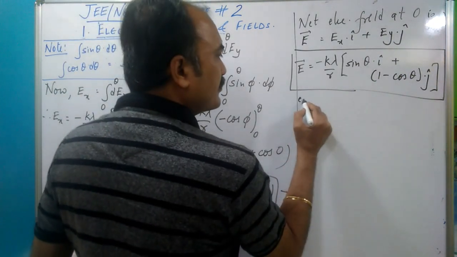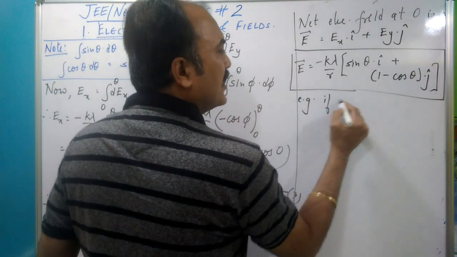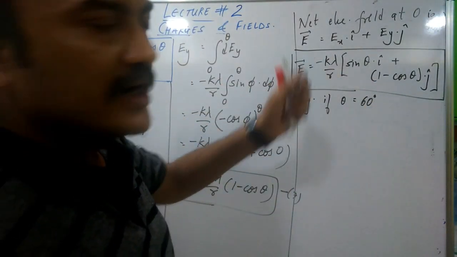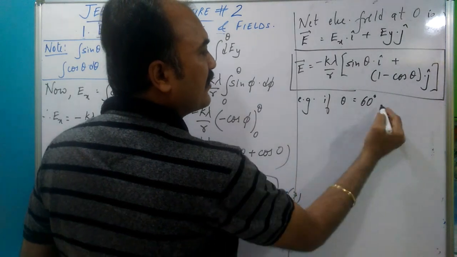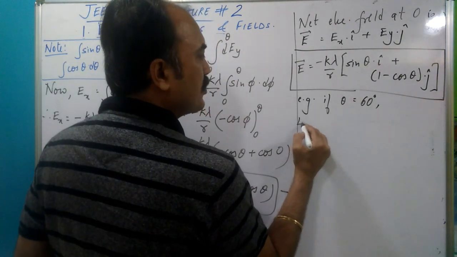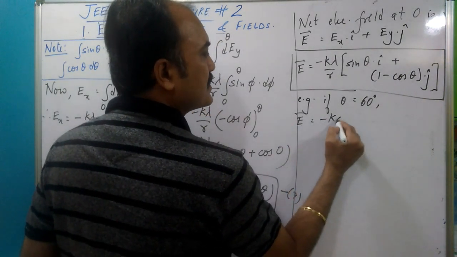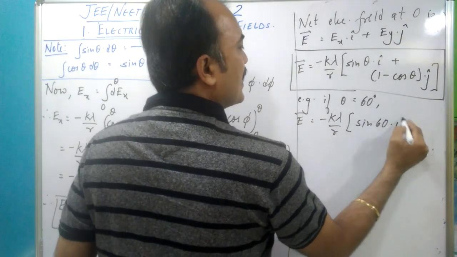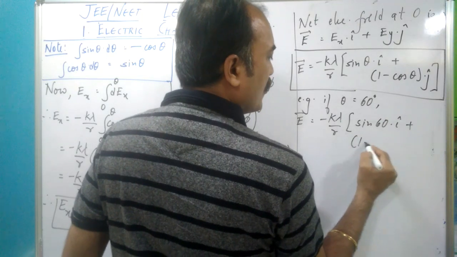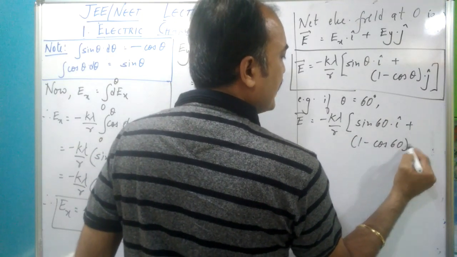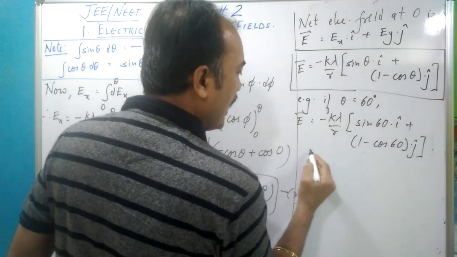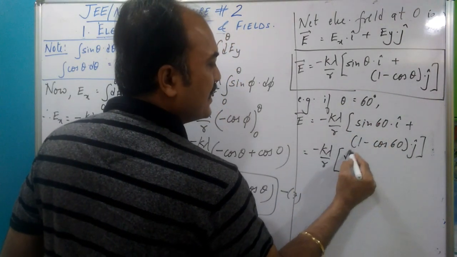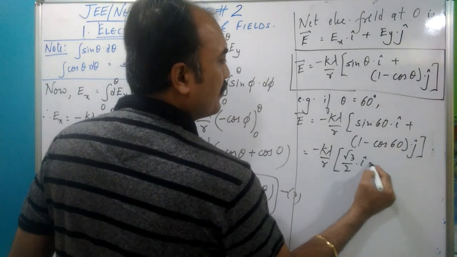For example, if theta was 60 degrees, I had an arc from end to end, it was 60 degrees. What would be the electric field? You don't need to do the whole thing again. So E bar is minus k lambda by r, sine 60 i cap plus 1 minus cos 60 j cap. And it is as beautiful as it looks. Sine 60 is root 3 by 2 i cap.